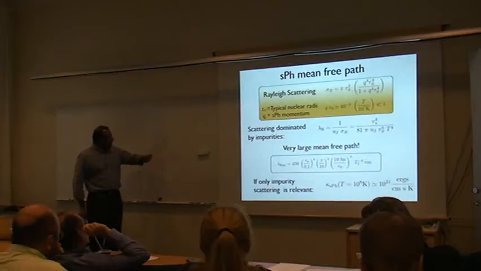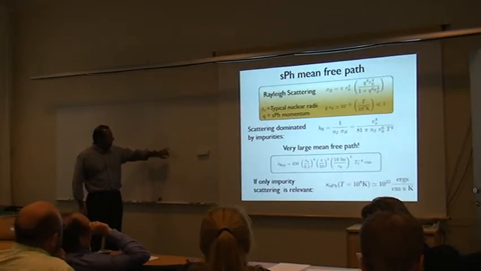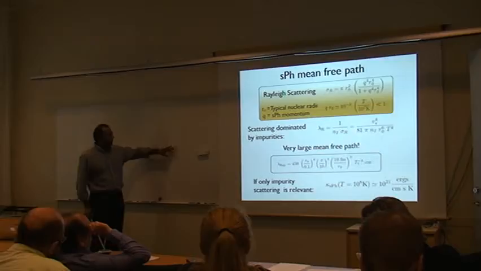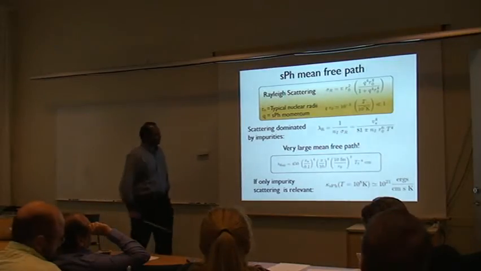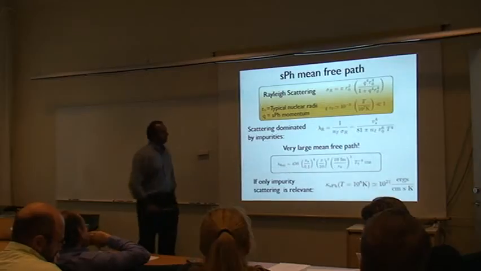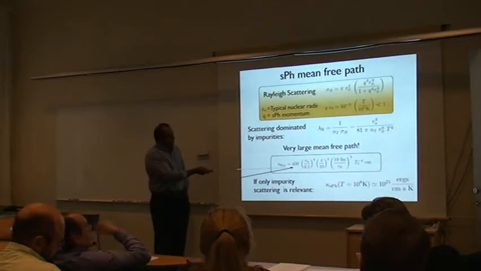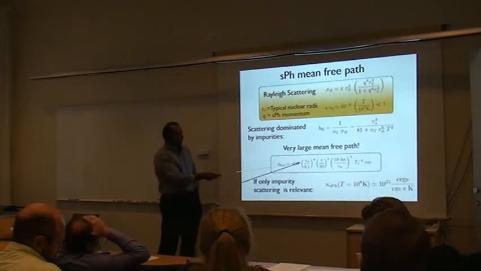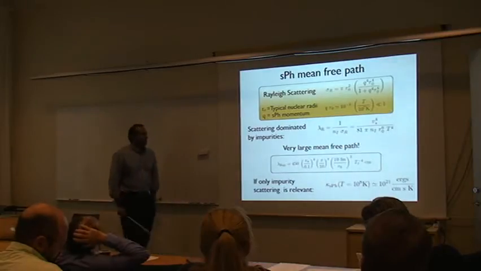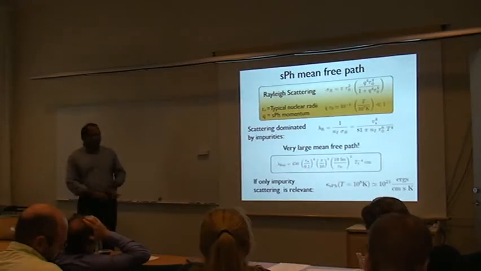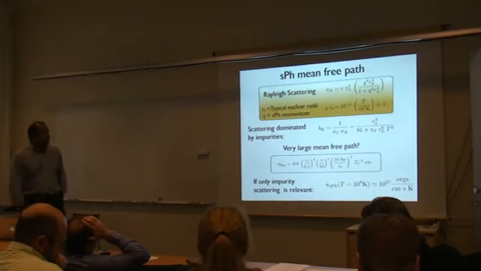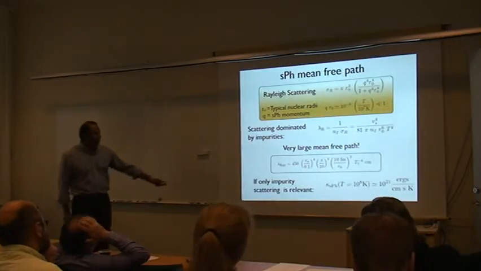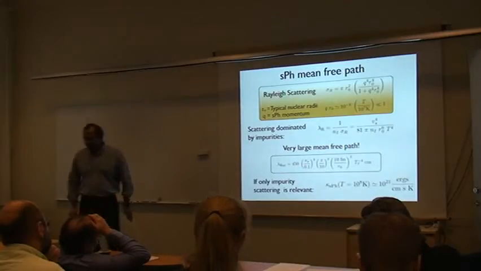So if every particle was treated as an impurity, x would be 1. So we expect x to be of order 10 if it's a highly impure system. So even for a highly impure system, the mean free path is huge. So obviously, as we discussed before, if I have a mean free path that is of the order of centimeters, you're going to get a very large contribution. So this is not a good source of scattering for these particles.